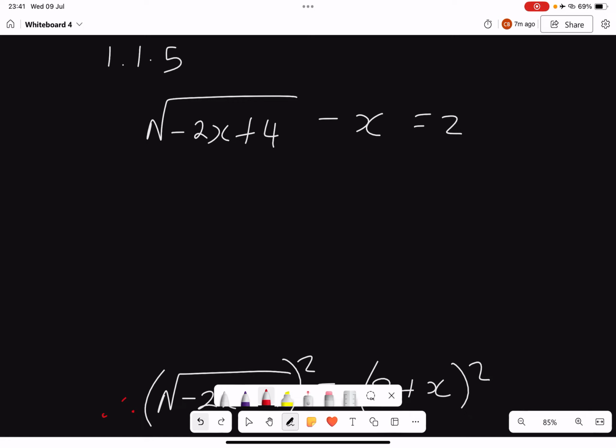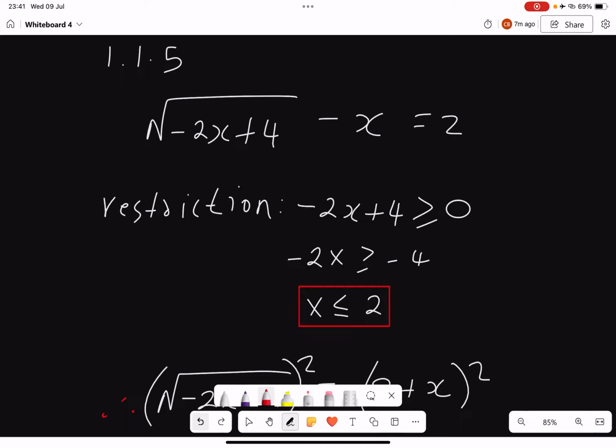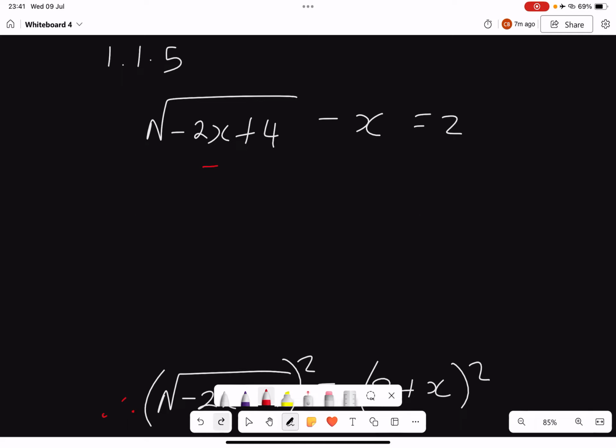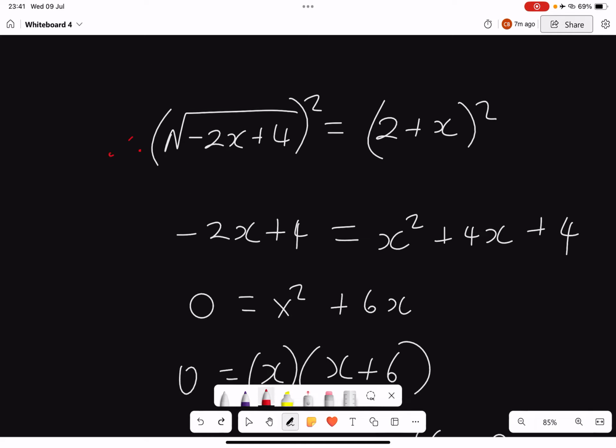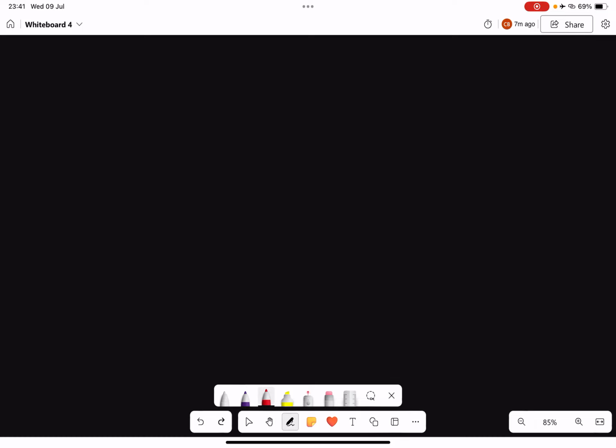If x is minus 6, here I get 10, and then I get the square root of 16, plus 6, because it's minus 6 so it becomes plus 6. The square root of 16 is 4, so I get 10 on this side in total, which is not equal to 2, so we're going to remove that. All right, let's do that.